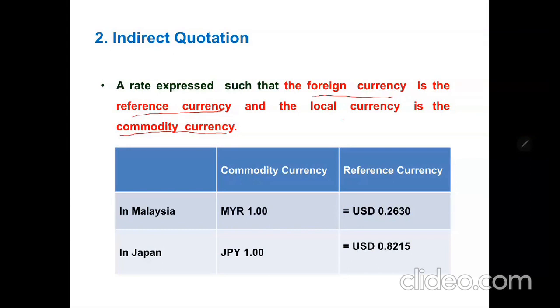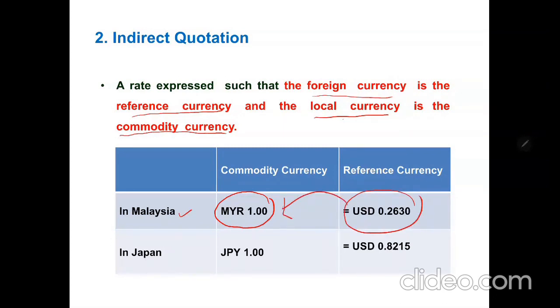But in indirect, the foreign currency is the reference currency while the local currency is the commodity currency. For example, in Malaysia, the commodity currency is the Malaysian ringgit because this is the local currency. So we express it as 1 ringgit Malaysia equivalent to the reference currency of USD 0.263, which is the price for the commodity currency.